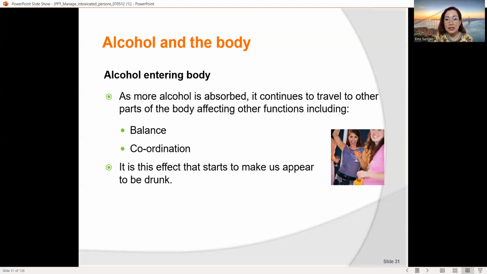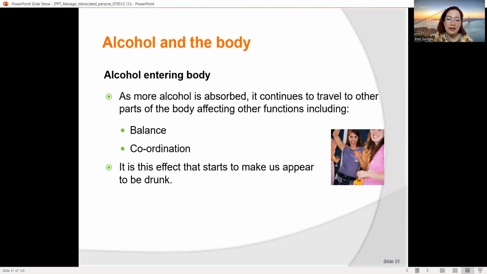As more alcohol is absorbed, it continues to travel to other parts of the body, affecting other functions, including balance and coordination. So that's why you feel dizzy when walking. You can't walk properly or stand straight, but you are walking zigzag because you're trying to keep your balance, but your body can't do it anymore.